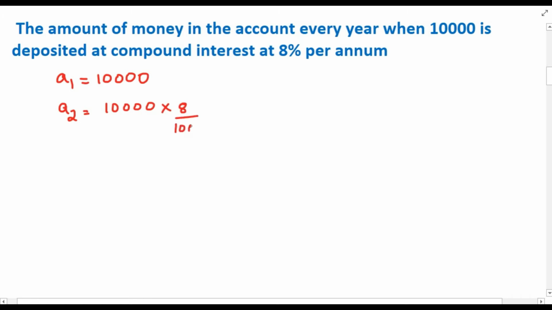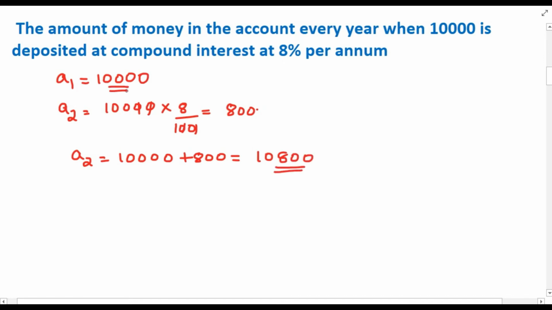So for the second year the interest will be 800, and A2 will be principal plus interest. So A2 will be 10,000 plus 800, which is equal to 10,800.